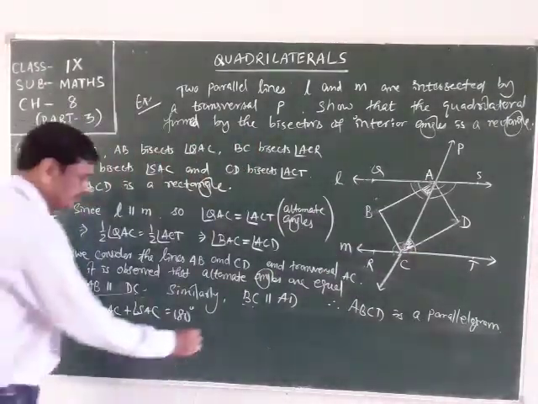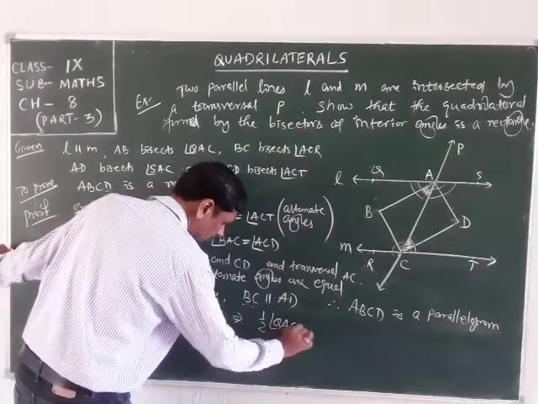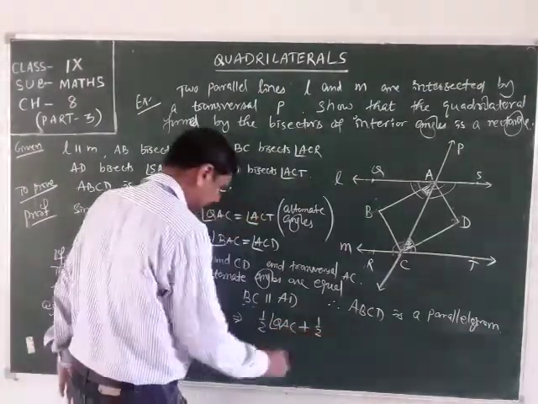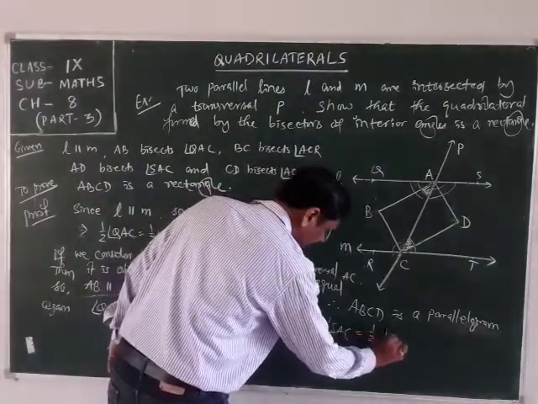Then half of QAC plus half of SAC is half of 180 degrees.